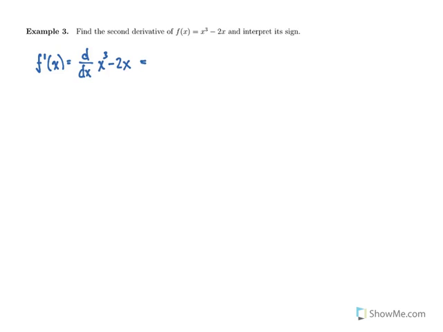And that's going to be the derivative of x cubed minus 2 times the derivative of x, which will give us a 3x squared minus 2.